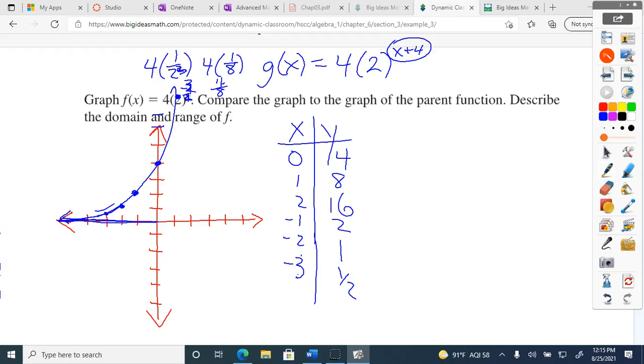What's every y on this line? 0. That's (1, 0), (2, 0), (3, 0), right? Okay. Is it possible for 4 times 2 to the x to equal 0? No. It's impossible.